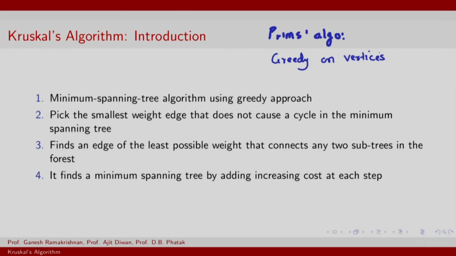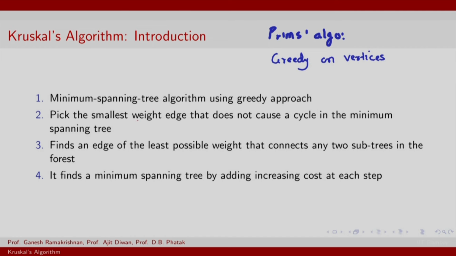The key based on which you pick the next vertex is the minimum weight of an edge incident on that vertex to a node or a vertex which is already a part of the existing minimum spanning tree. So that is how you greedily grow.